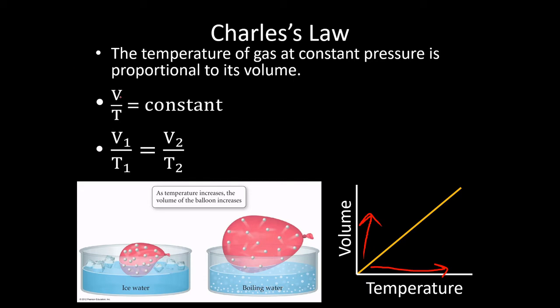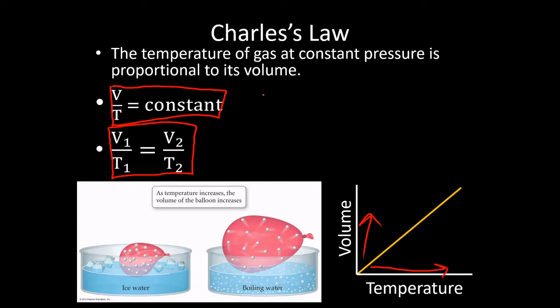So one form of this law, which is called Charles's law, looks like this, where we have the volume over the temperature is equal to a constant. But the more common form is this one, where again we have an initial state and a final state, or just one state versus another state, where we have V1 over T1 is equal to V2 over T2.